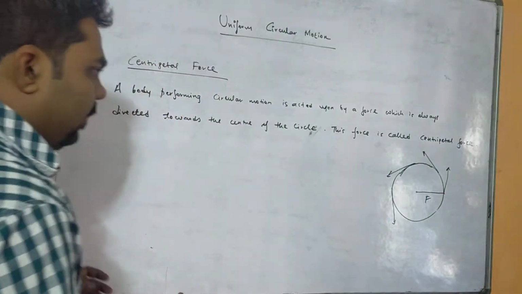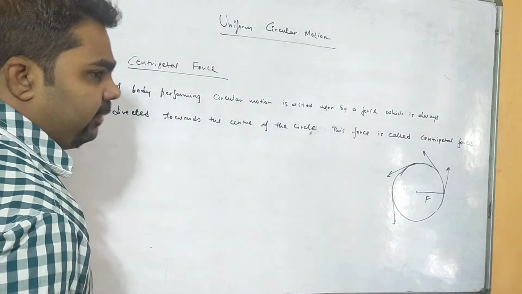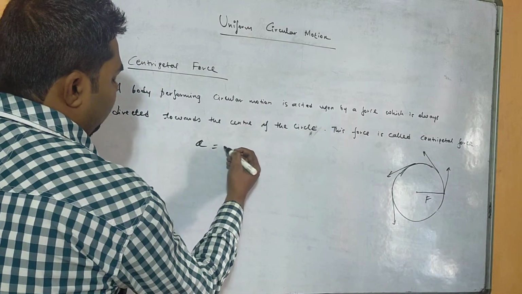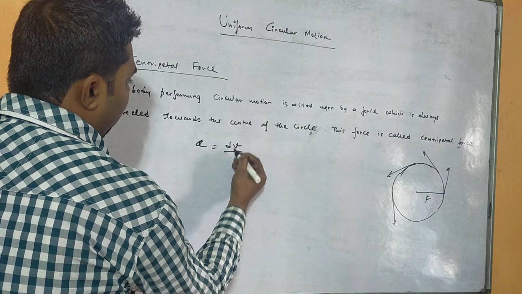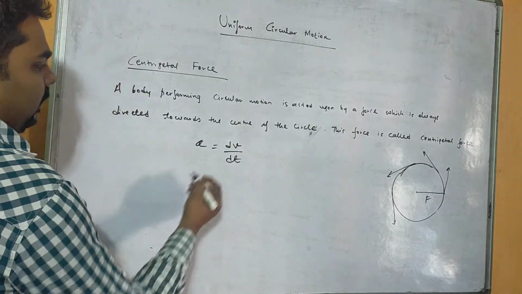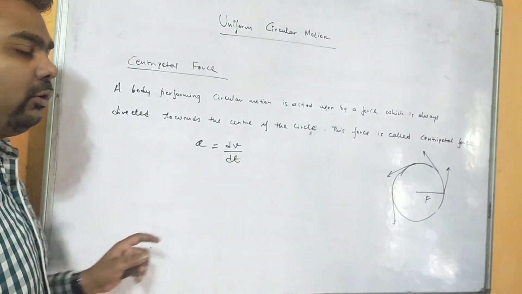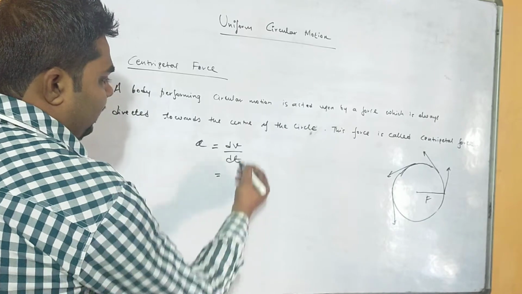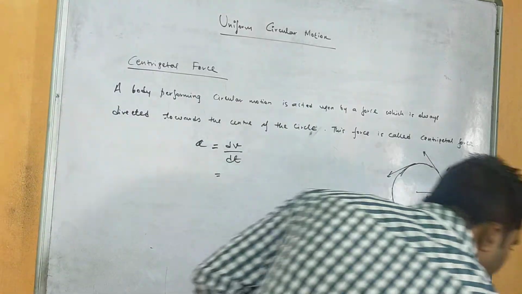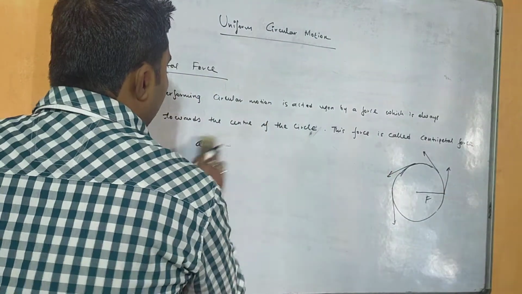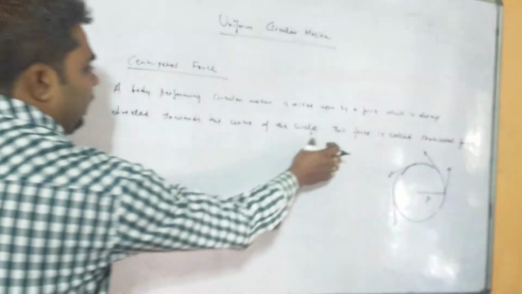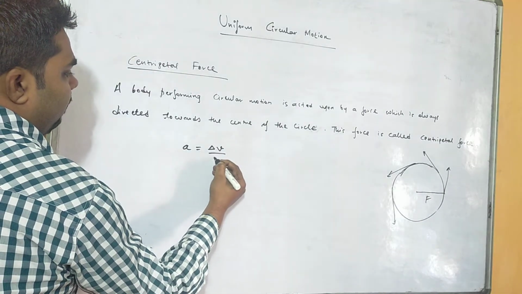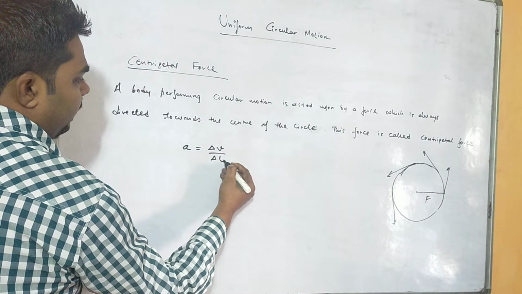So we'll first find the derivation of the acceleration. Acceleration, we know, means change in velocity by change in time. We can write this in terms of del t only, as we have solved in the previous derivation, that is del v by del t, right?